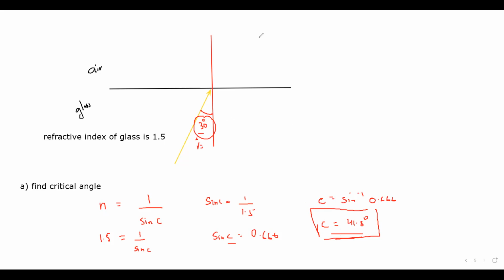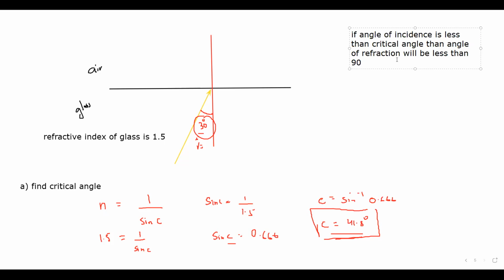So if the angle of incidence is less than the critical angle, then the angle of refraction will be less than 90.